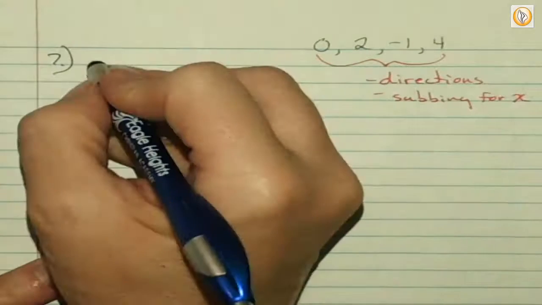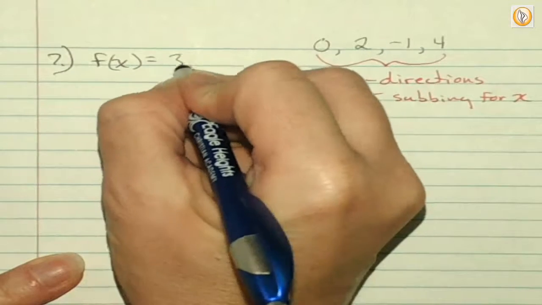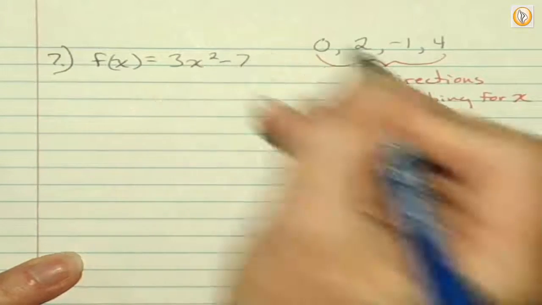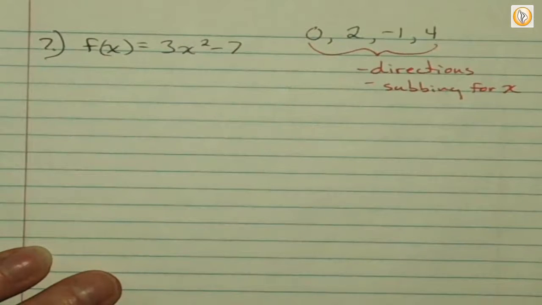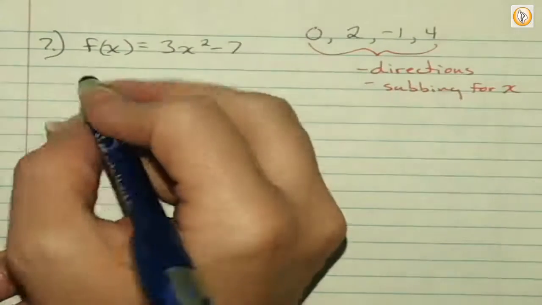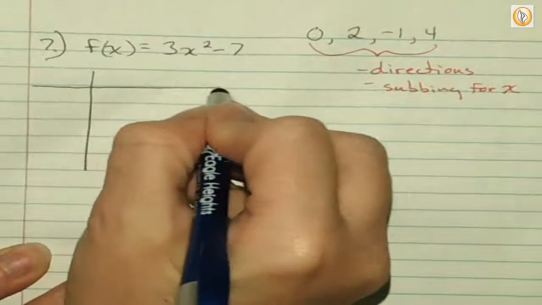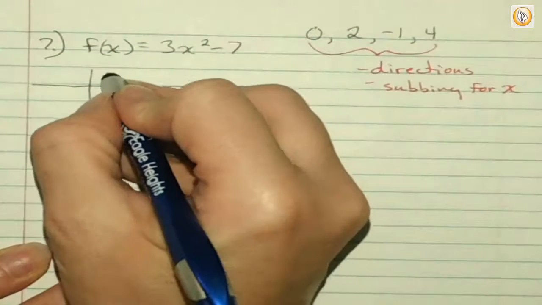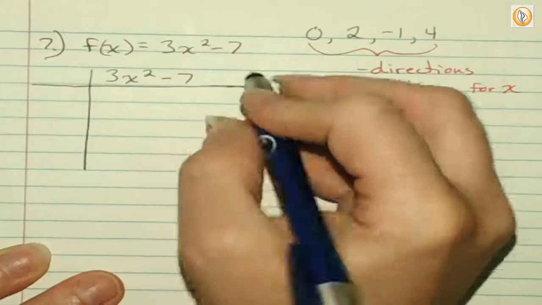So for 7, the equation is f of x equals 3x squared minus 7. Now, my suggestion is what? What should we make, everybody? A table. Very good. And I'm going to go ahead and put 3x squared minus 7 up here.